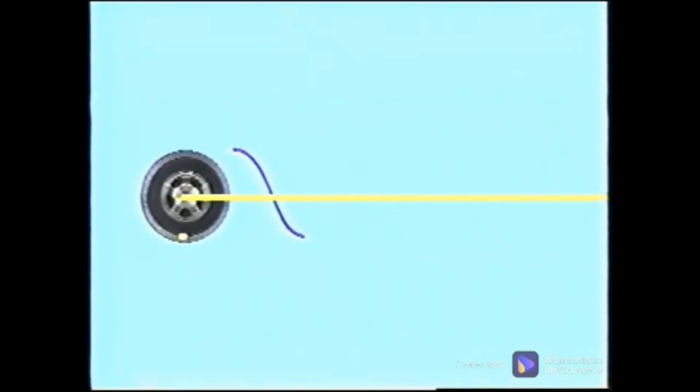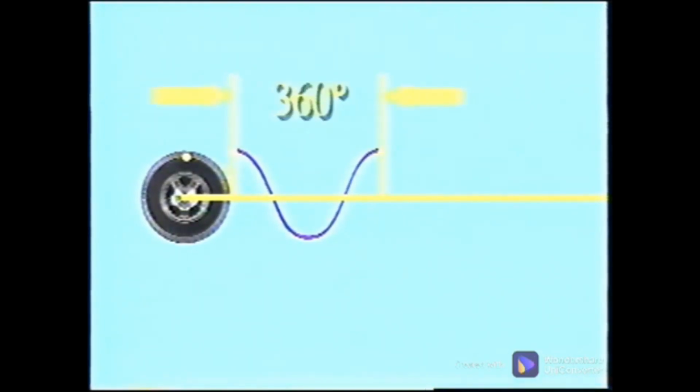Another 90 degrees is from the center line to the lowest point of travel. Another 90 degrees is from this lowest point back up to the center line. The final 90 degrees rotation of the tire moves the trace from the center line to the top point of travel. This angular relationship is called phase.